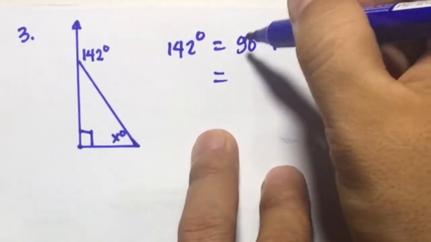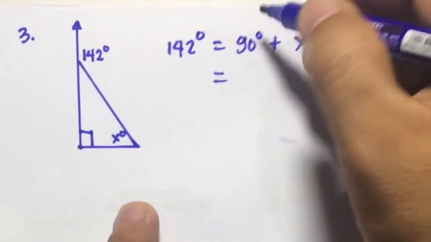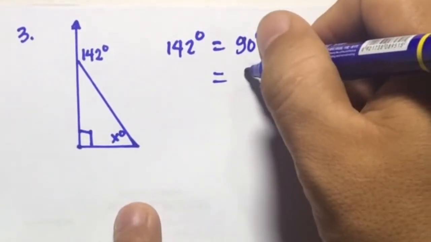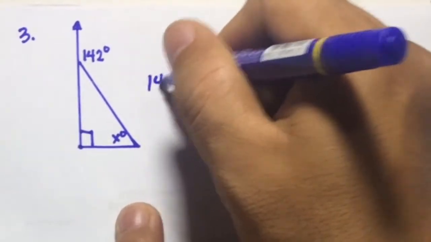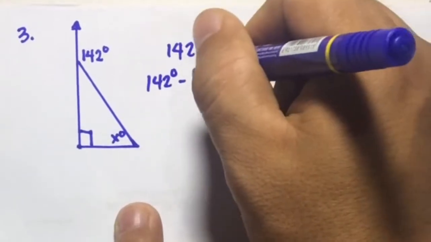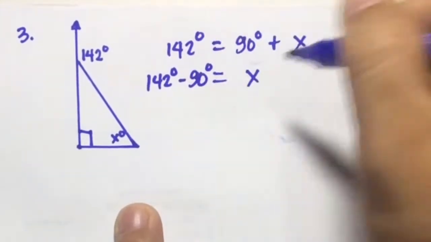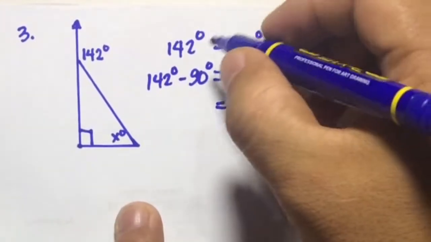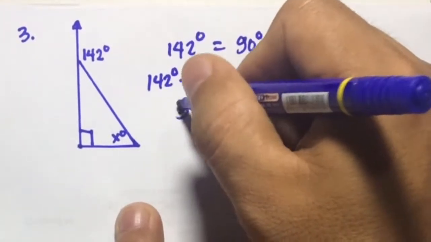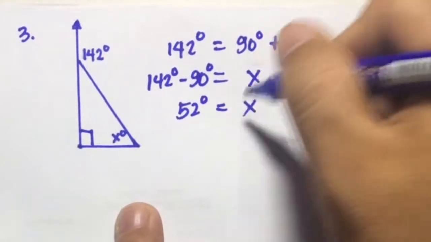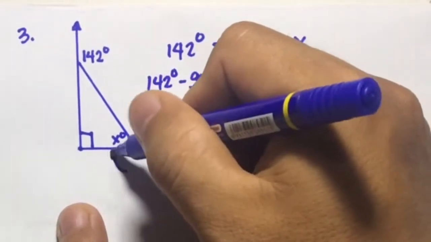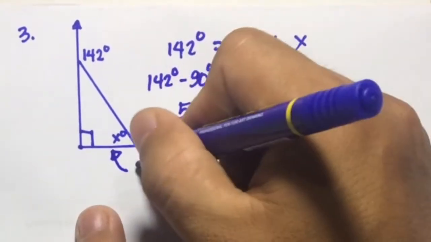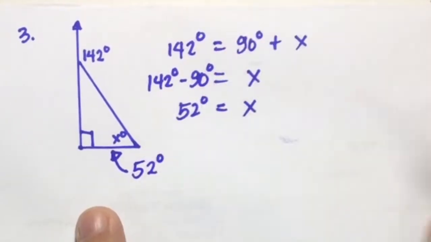Transposing 90 to the left side of the equation, x equals 142 degrees minus 90 degrees. Then 142 minus 90 is equal to 52 degrees. So this angle here measures 52 degrees.